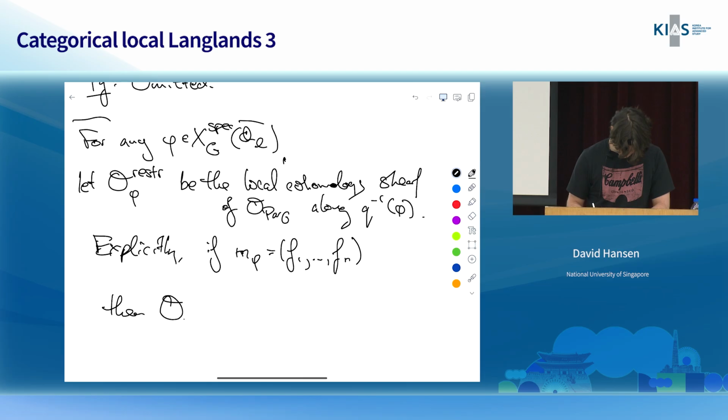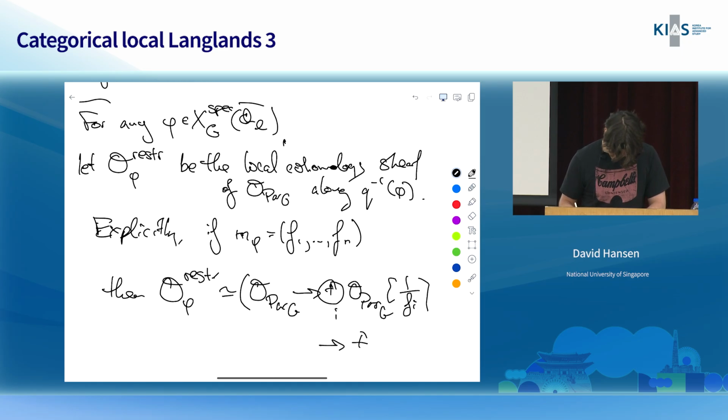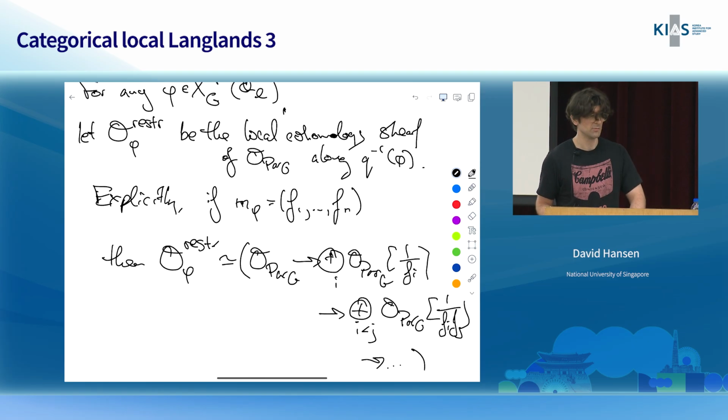Then this thing I'm defining, well, up to quasi-isomorphism, you can represent it as a complex that looks like O par G, maps to the direct sum over I of O par G, inverting each Fi individually, maps to the direct sum over I less than J of O par G, inverting Fi Fj, and so on. So this is just the alternating Čech complex where I invert the Fi's, okay?